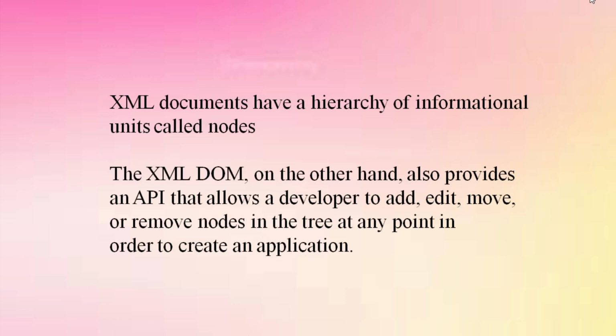Because it is based on a hierarchy of information, the DOM is said to be tree based. On the other hand, XML DOM also provides an API that allows a developer to edit, add, move or remove nodes in a tree at any point in order to create an application.